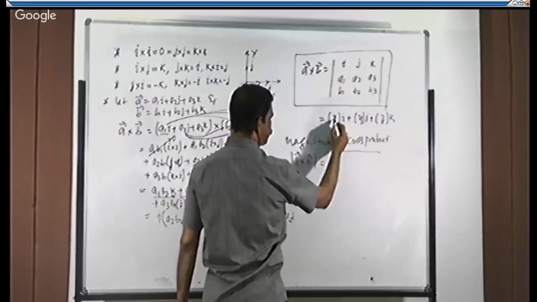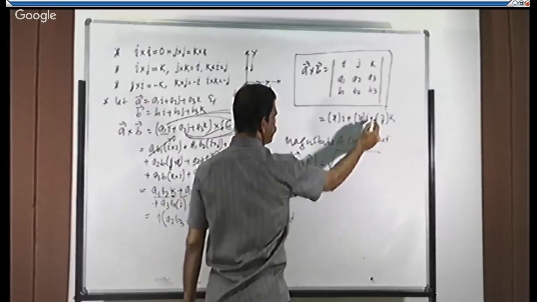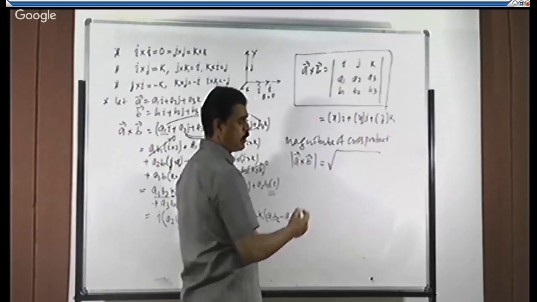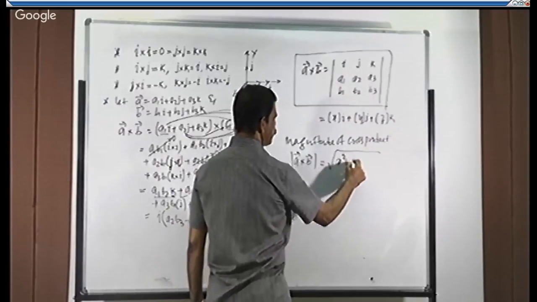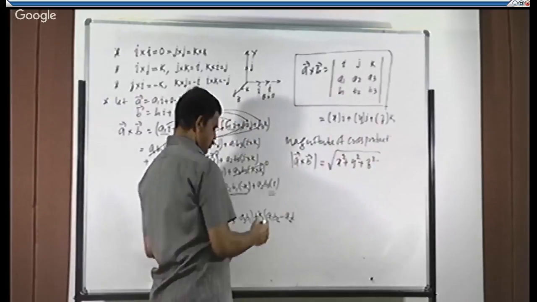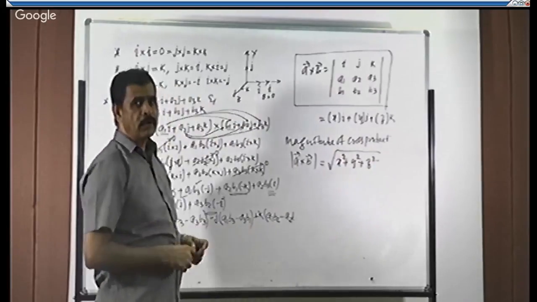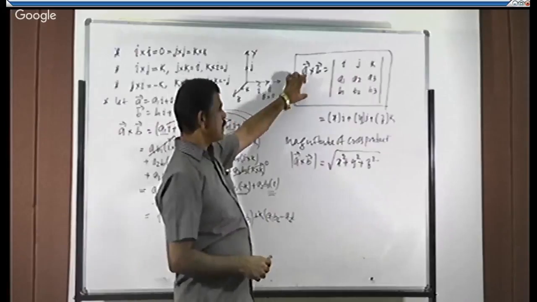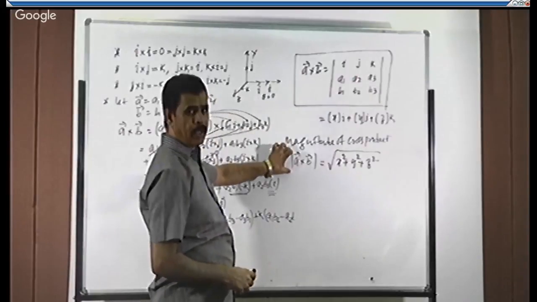As we know, the coefficients of I, J, K should be squared and added: x square plus y square plus z square. This is the way in which we can find A cross B as well as the magnitude of A cross B.